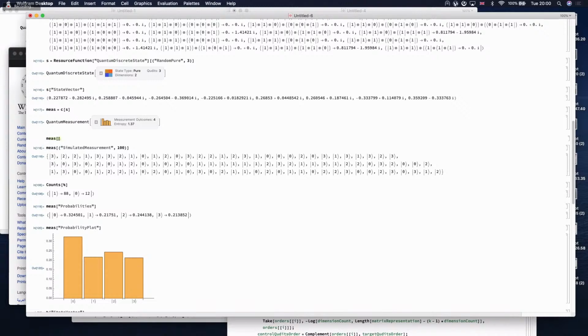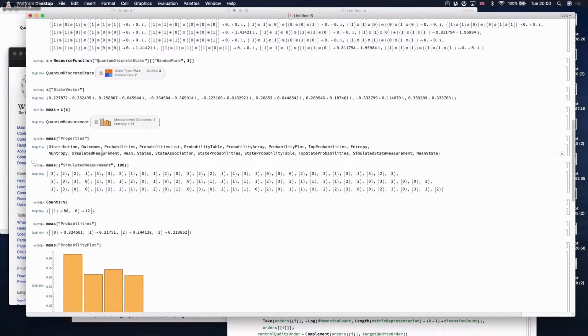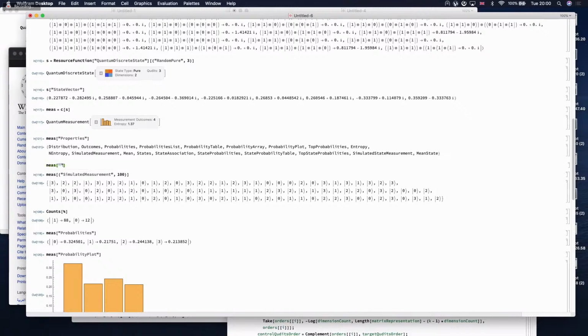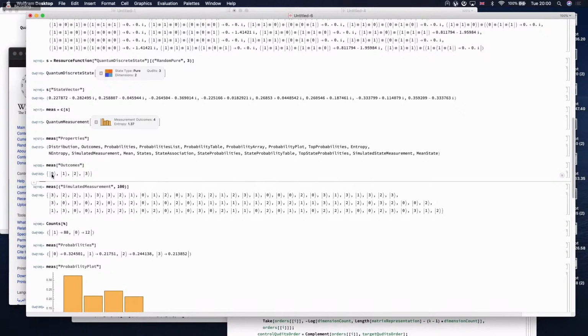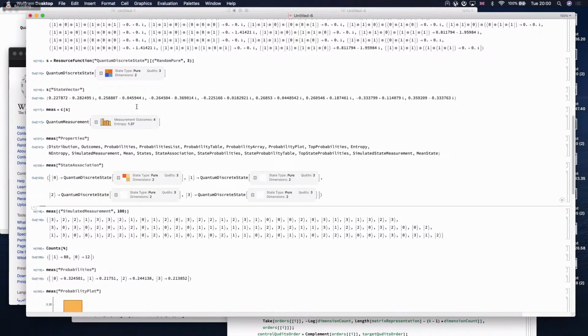That's exactly right. So actually, if we see internally how this measurement works, we can say measure outcomes. So those are the named outcomes, but the actual, hang on, wait. So if we say state association, I guess that's the key thing, right? So internally, what this measurement is, is an association mapping names of the measurement outcomes onto QDSs. Some of which will be pure, some of which will be mixed in general.